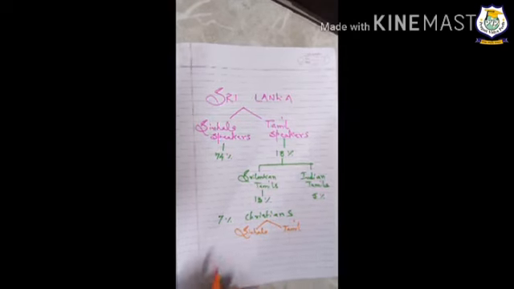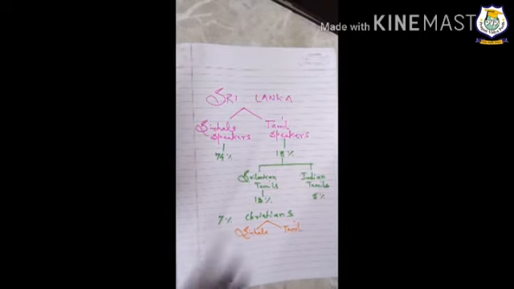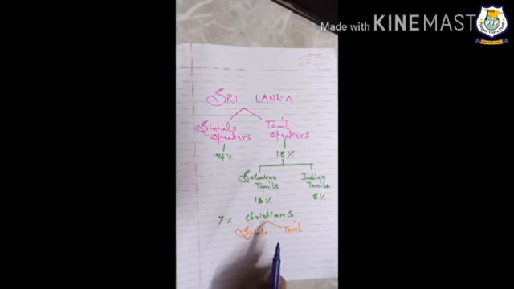So, Sri Lanka has two communities, Sinhala and Tamil. Sinhalese are 74% of the population. Tamils are 18%, and among these Tamils, we have Sri Lankan Tamils and Indian Tamils. Sri Lankan Tamils are 13%, Indian Tamils 5%. Apart from these, 7% Christians are also there, and they may be Sinhala or Tamil.